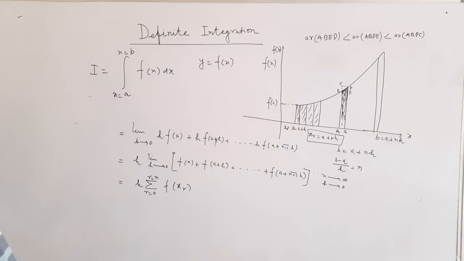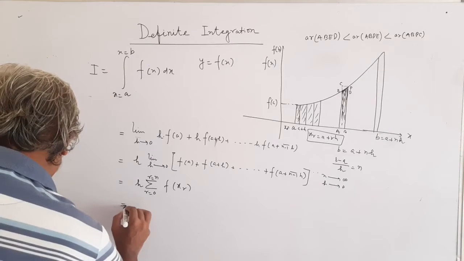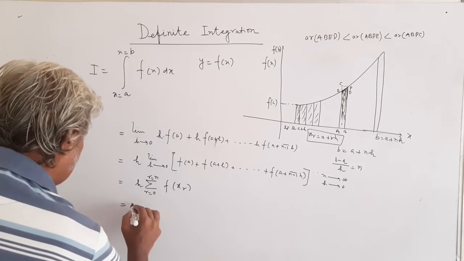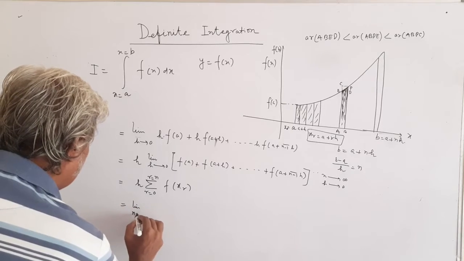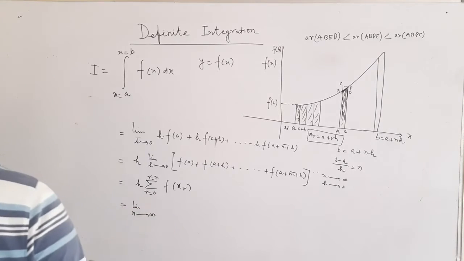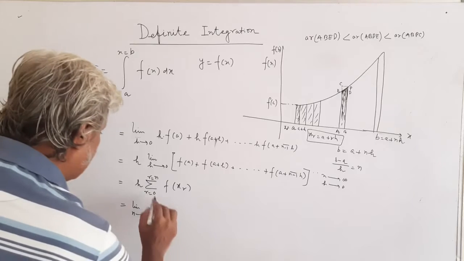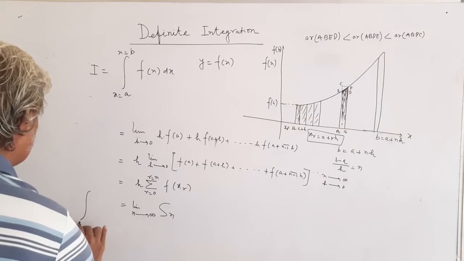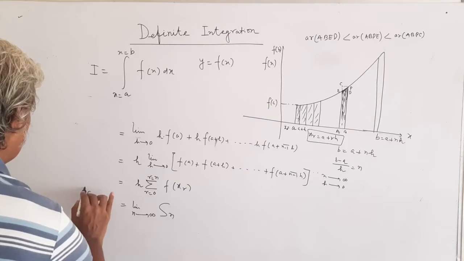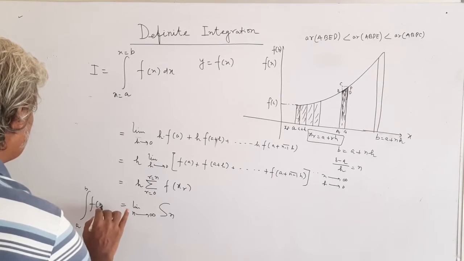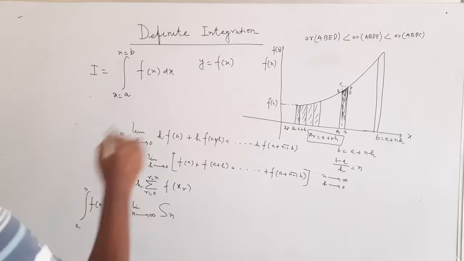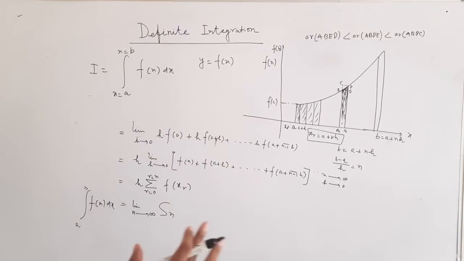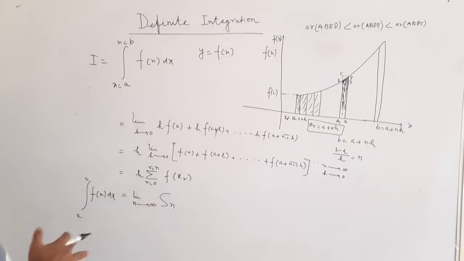This is also written as limit n tends to infinity, this whole thing written as Sn, and this gives you the integral from A to B of fx dx. So this is the basic theoretical definition of the whole idea.